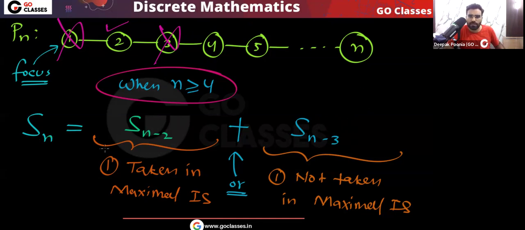Of course that is not possible. You don't have a path graph on 0 vertices, and you don't have one on a negative number of vertices. So I must put n equal to 4 here, then I will get S2 plus S1. I hope you understood this.